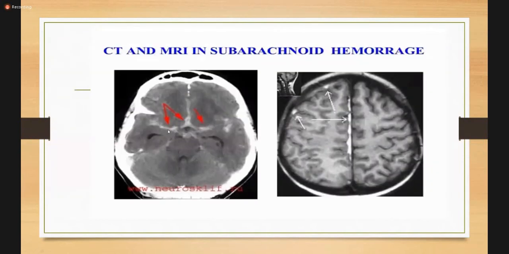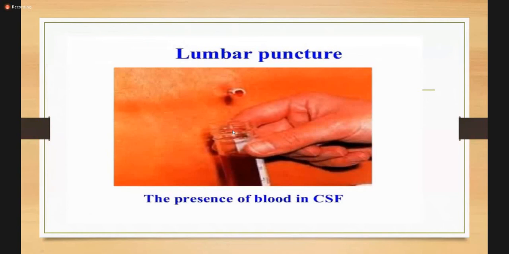This is the subarachnoid hemorrhage. This is the CT brain and this is the MR. Lumbar puncture checks for xanthochromia because of the aggregation of proteins in the subarachnoid space.